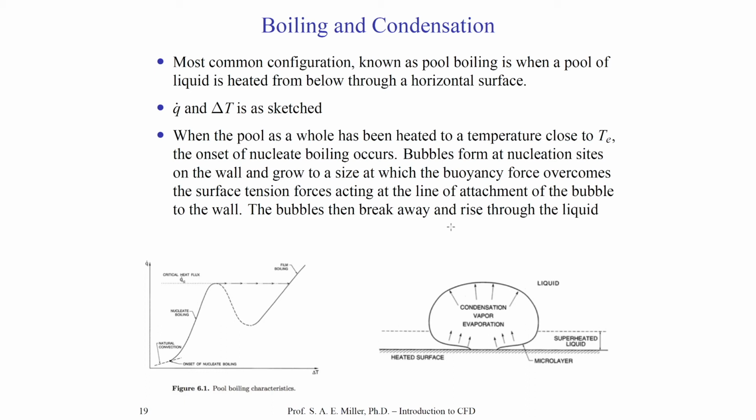Now, when the pool as a whole has been heated to a temperature close to the saturation temperature, the onset of nucleation and boiling will occur, and bubbles form at the so-called nucleation sites on the wall and grow to a size at which buoyancy forces will overcome surface tension forces acting at the line of attachment of the bubble to the wall. The bubbles will then break away and rise through the liquid.